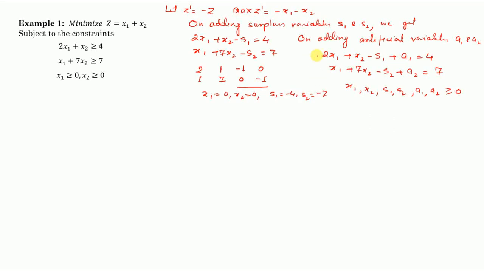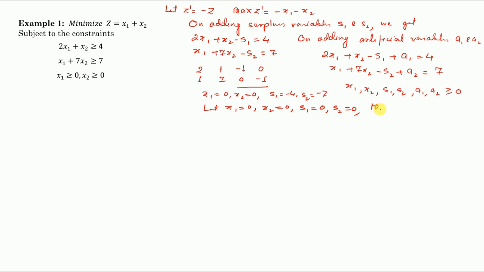Now from here we'll check whether we are getting initial basic feasible solution or not. Number of equations 2, number of variables 6. So 4 variables are extra, so you will assume x1 = 0, x2 = 0, s1 = 0, s2 = 0.